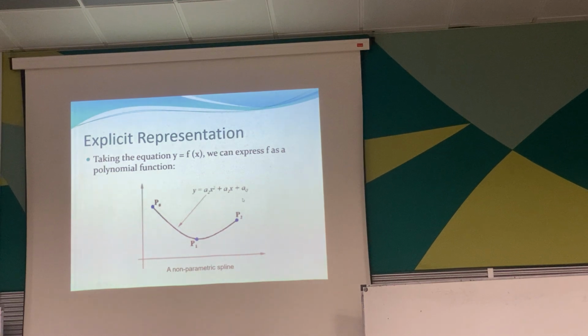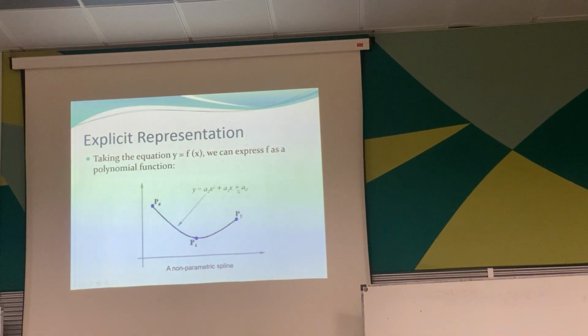So you use this function to connect them to generate this curve, where y is here and x is here. This one you learned last time in your polynomial functions. You take the equation, you see this representation type y equal to a function of x, where you have your x here. So this is called explicit representation.